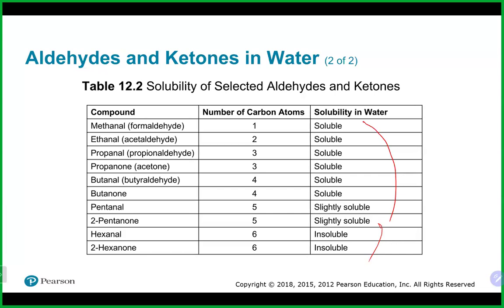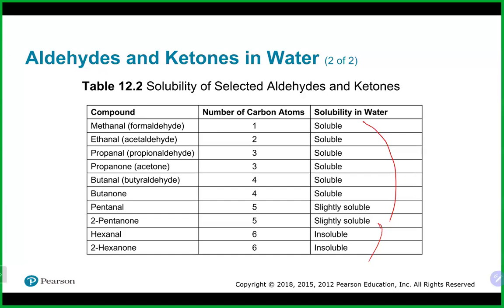Although they can hydrogen bond with water, ketones and aldehydes cannot hydrogen bond with themselves, and they don't have the ability to do that. That means in terms of boiling points and melting points, your alcohol is still going to beat them because the alcohol can hydrogen bond with itself. So alcohols are still going to beat these guys in terms of boiling points and melting points because of the lack of the ability to hydrogen bond.